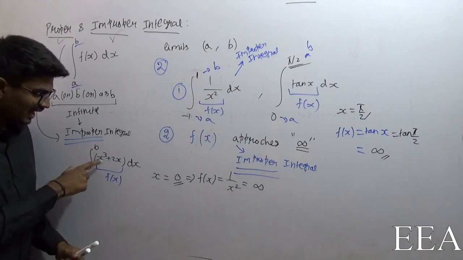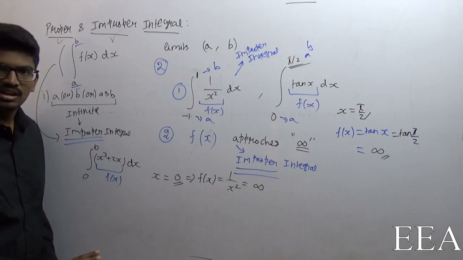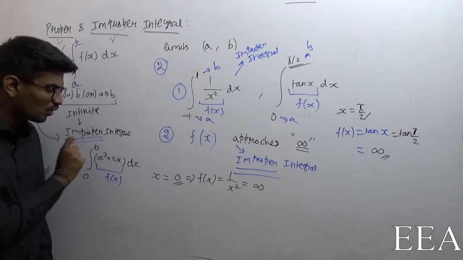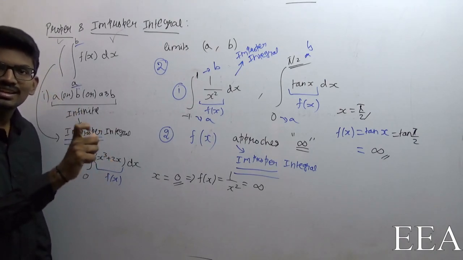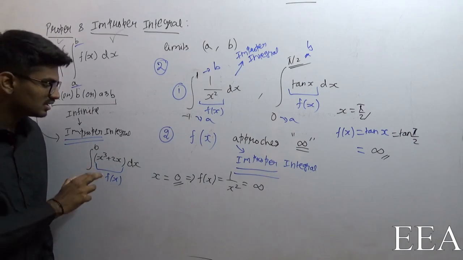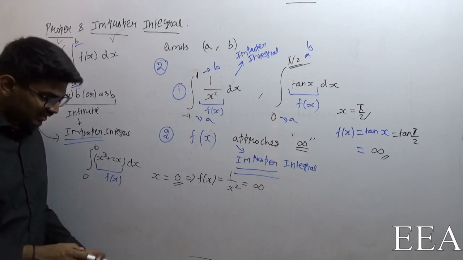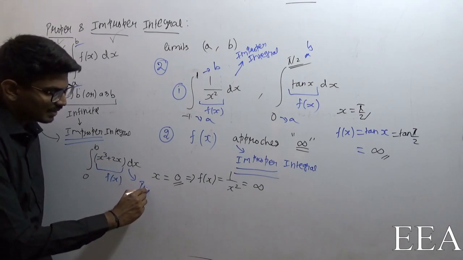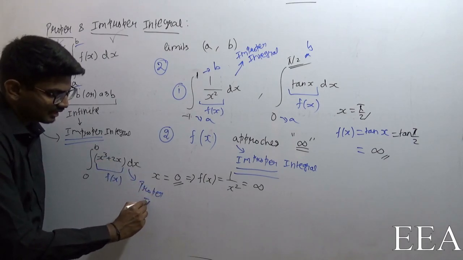If I substitute 10, f of x will have some value. If I substitute 1, or 2, or 3, or any value between 0 and 10, f of x will still have some finite value. It is not going to reach infinity. So this function is not improper. This integral is not improper. This is a proper integral.